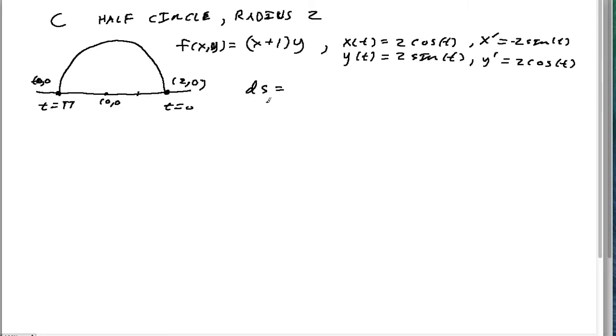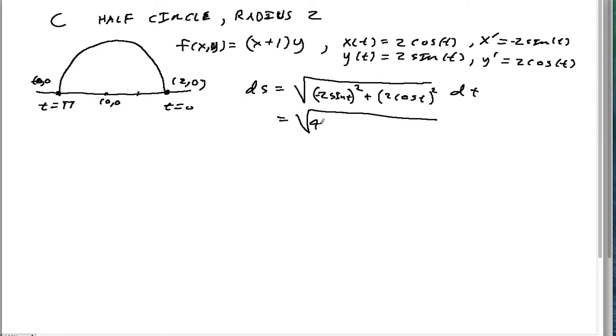All right, so ds then is going to be the square root of the quantity 2 times negative sine t, squared, plus 2 cosine t, quantity squared, dt. That becomes a 4.